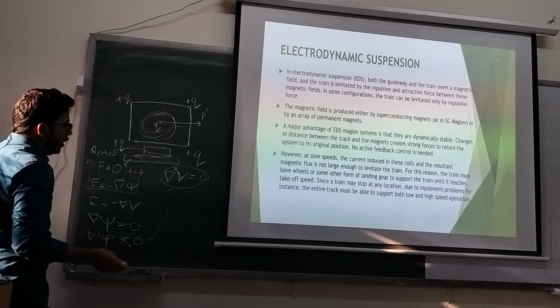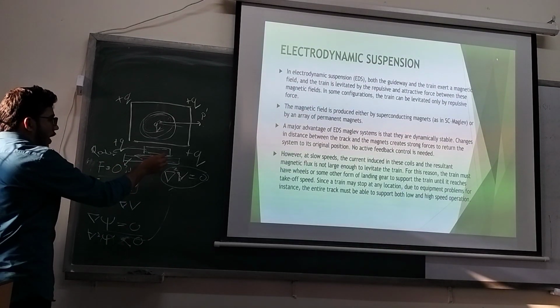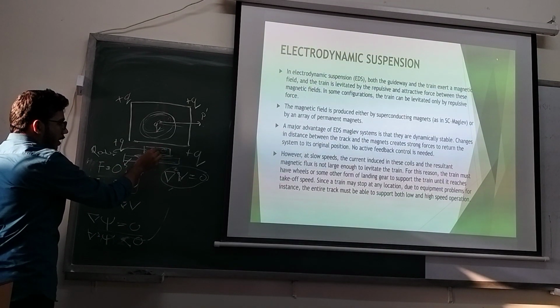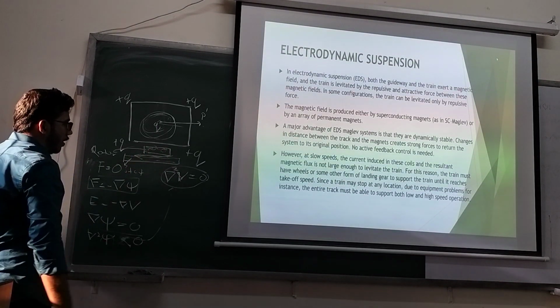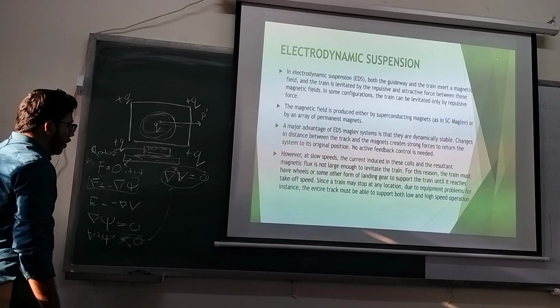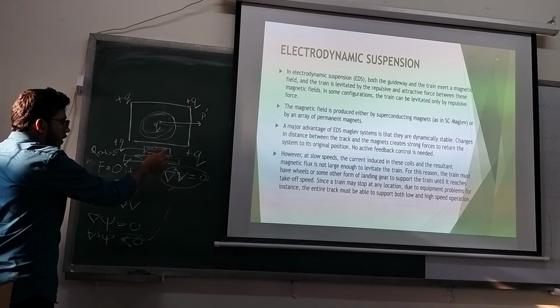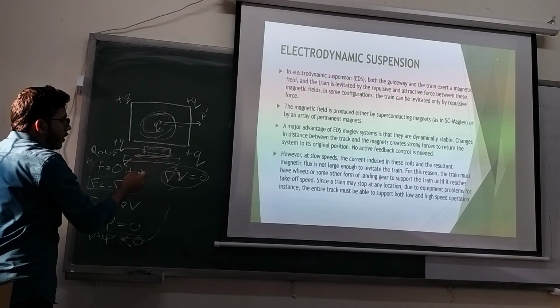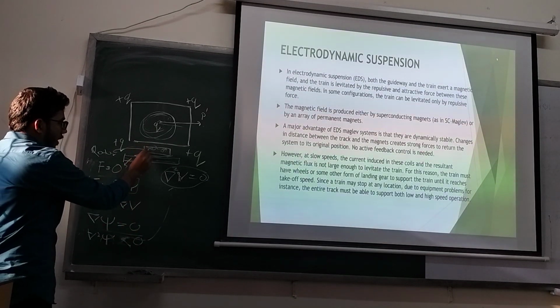The rotor is basically any ferromagnetic substance, and it produces eddy current with respect to the varying magnetic field. The direction of this eddy current is such that it can effectively levitate over this, right?